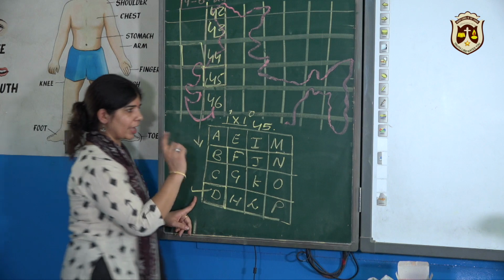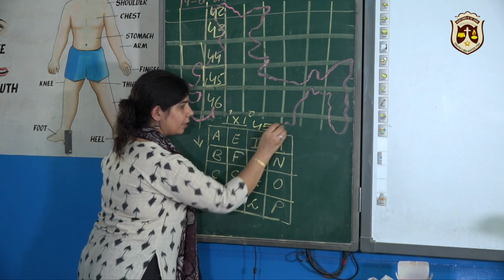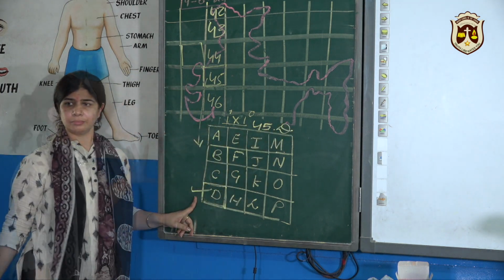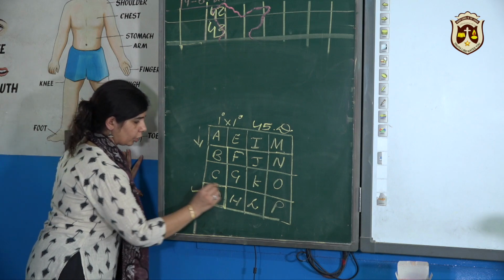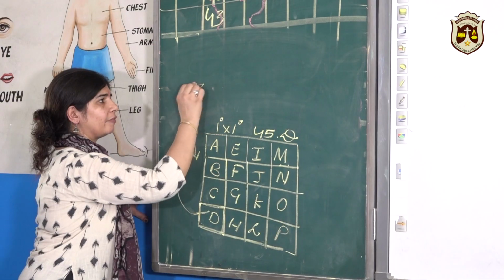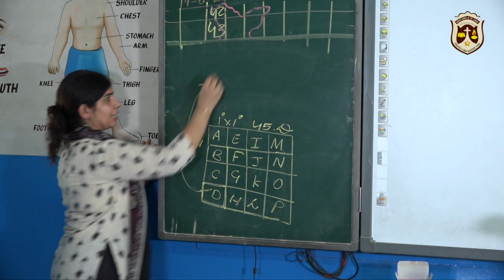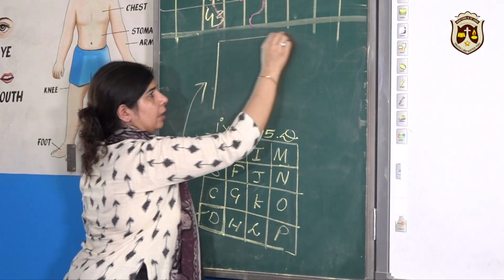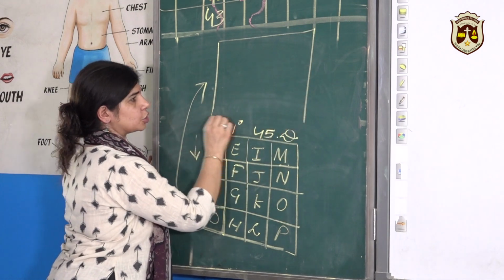So now we have two numbers, 45D. So this D part is again divided into different sections like this, 16 more sections.